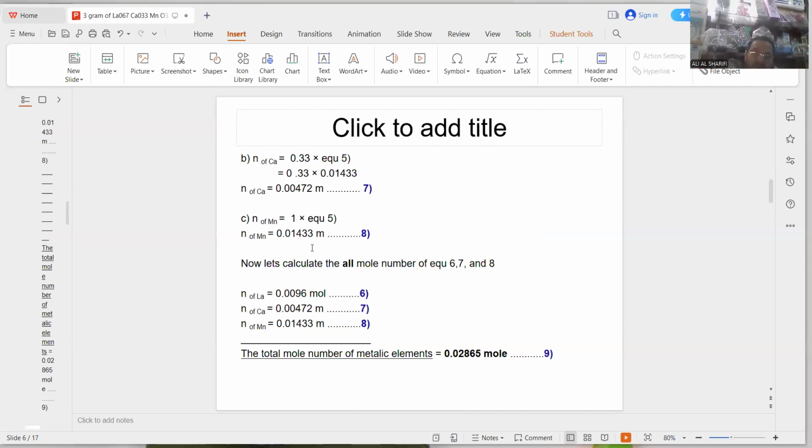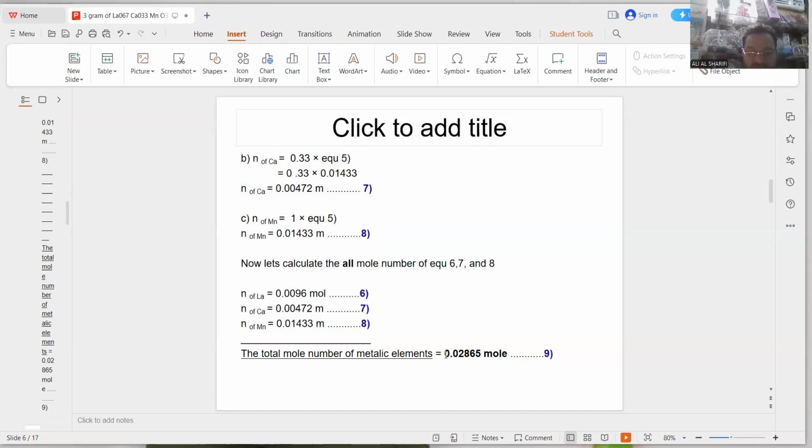Now let's calculate all of these independent mole numbers of the metallic elements, equations 6, 7, 8. The total mole number of the metallic elements equals 0.02865 mole.